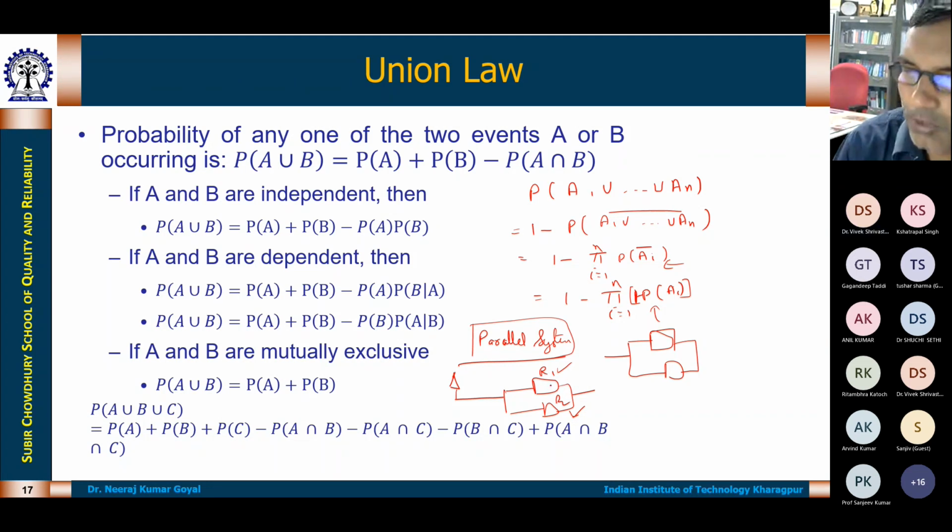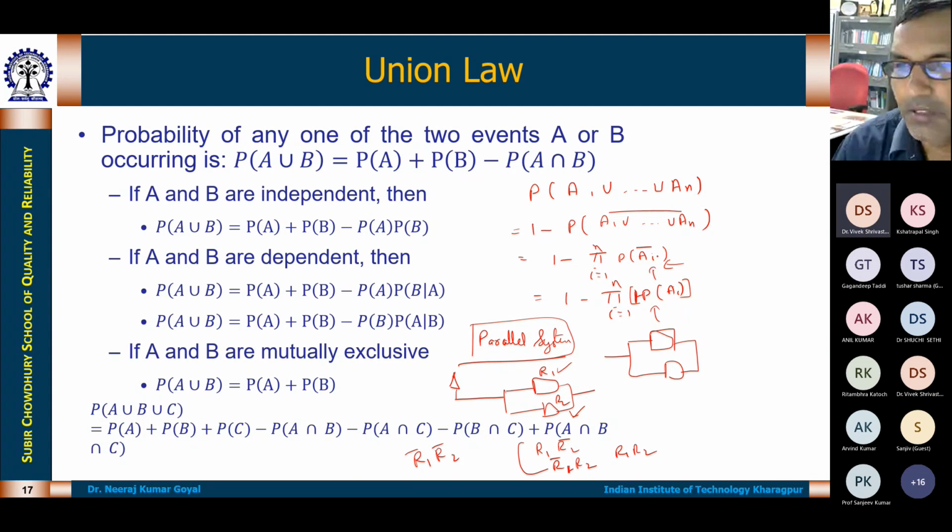So how many combinations are there? R1 working, R2 failed; R1 not working, R2 working; and R1, R2 both working. In all these cases the system will work. And what is the case in which the system will not work? That is, R1 is not working and R2 is not working, right? For the two units, I'll take the failure probabilities, multiply them and subtract from 1, and I will get the probability that the system is working.